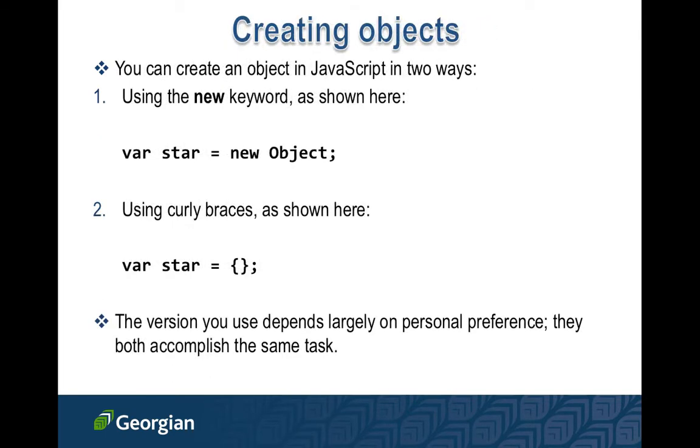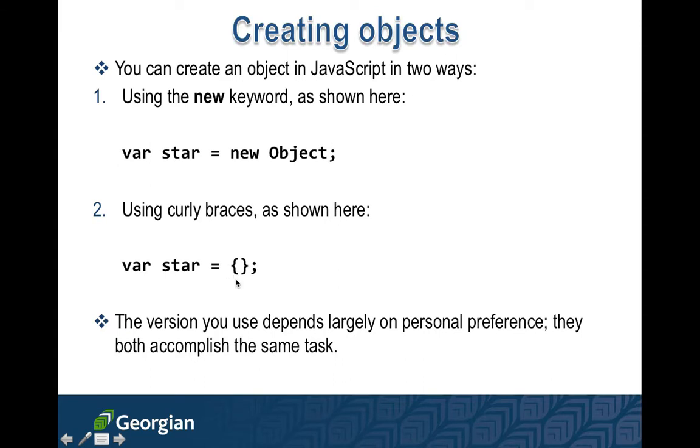Okay, so there are two ways to declare objects in JavaScript. There's two different notations. One, like this one, where you say var star, the variable star is equal to a new object. We've seen this. This is a very common way we see in other languages, right? And we can also do this, which you probably have not seen in other languages, which is var star is equal to these curly braces.